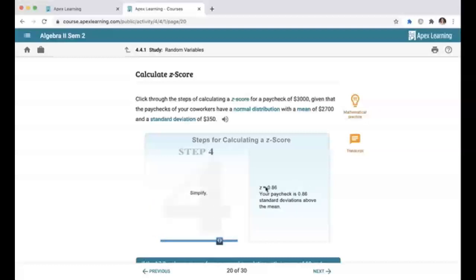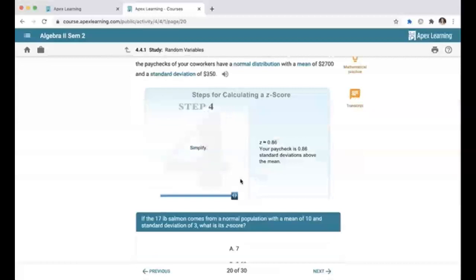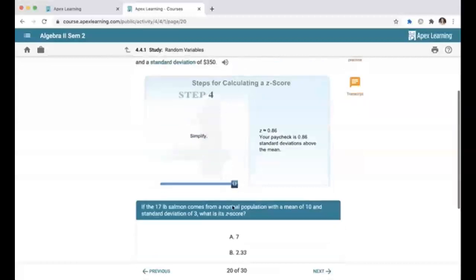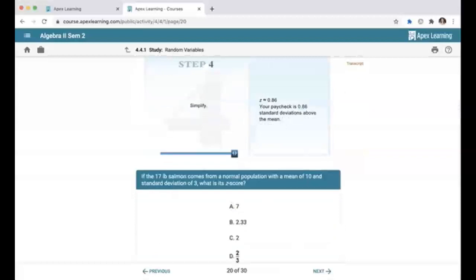If we look here, our z value is about 0.86. What this is saying is we're about 0.86 standard deviations above our mean. So what that means is we get paid slightly more than the average.